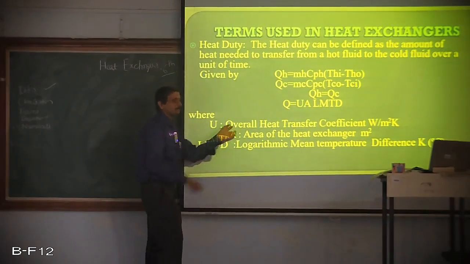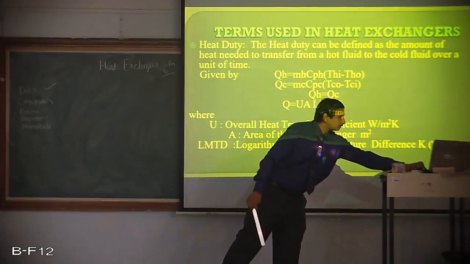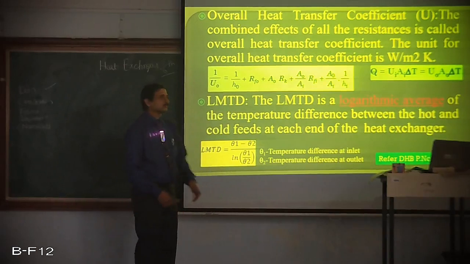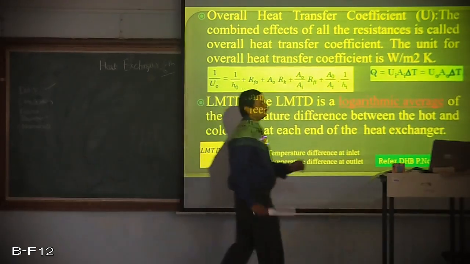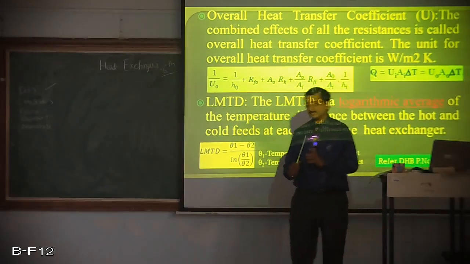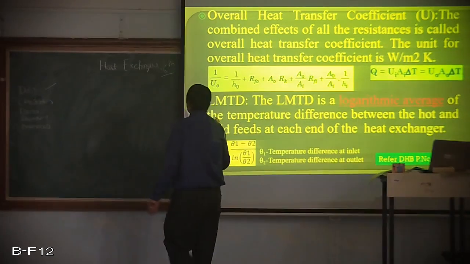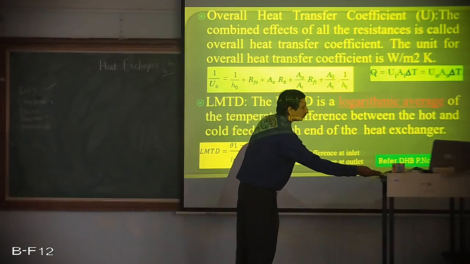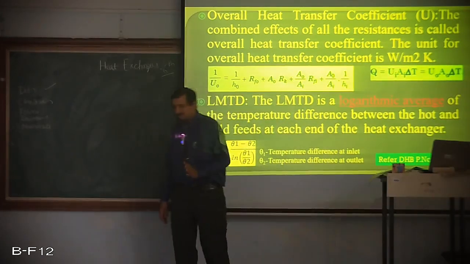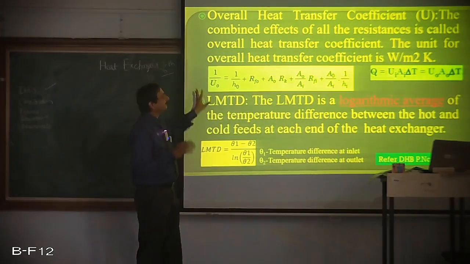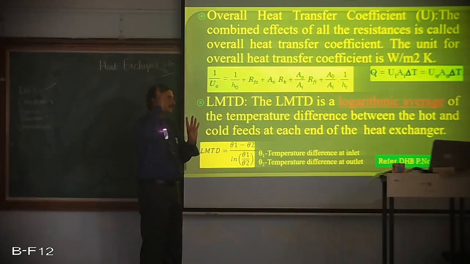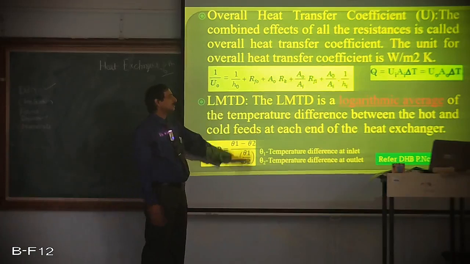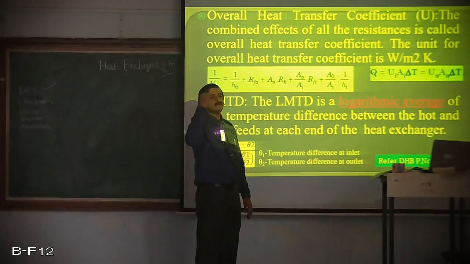Area I won't talk much about, but let us go to the next one. So first, the overall heat transfer coefficient. Remember, whenever the heat exchanger is working, two fluids are flowing. Whenever the hot fluid is flowing, it involves convection. Then the cold fluid also involves convection, and the barrier will be there, therefore it will involve conduction also.